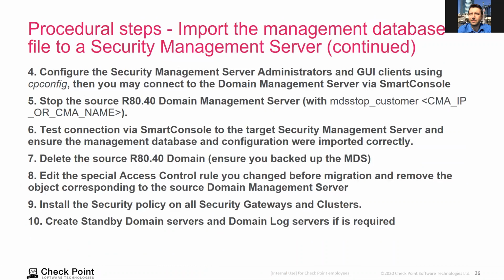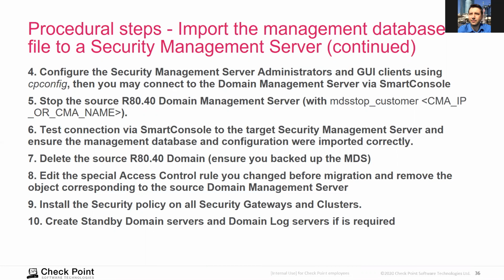And after we are successfully importing, again, we have to give it time for the processes to come up. We have to use cpconfig to add the GUI clients and eventually configure administrators. It's a good idea, if we have the same IP as the domain management server, to stop it, and then test the connection.